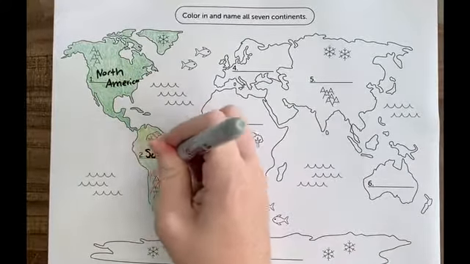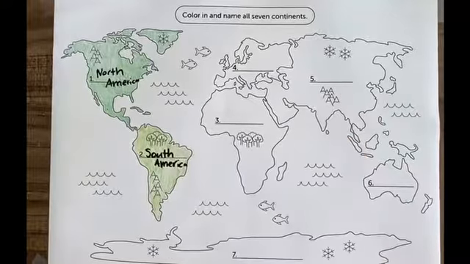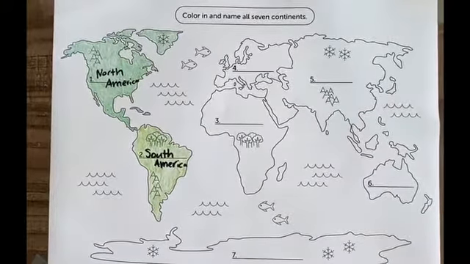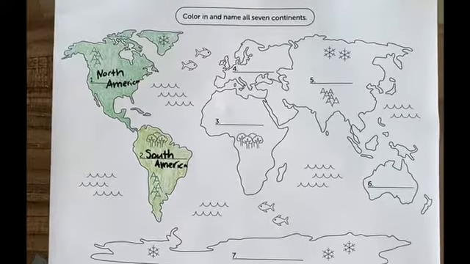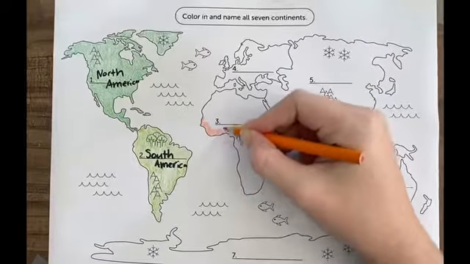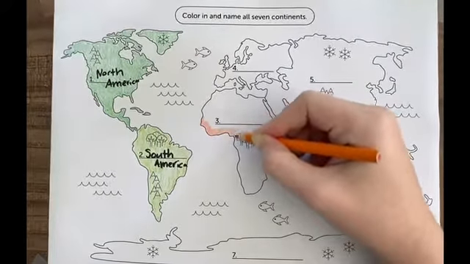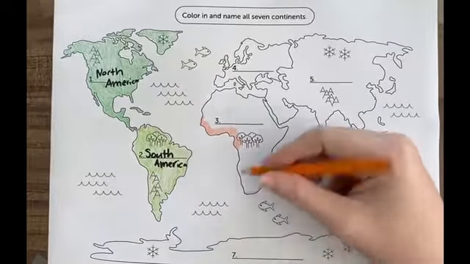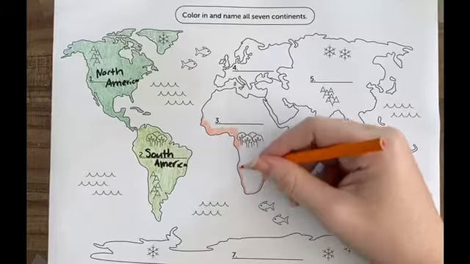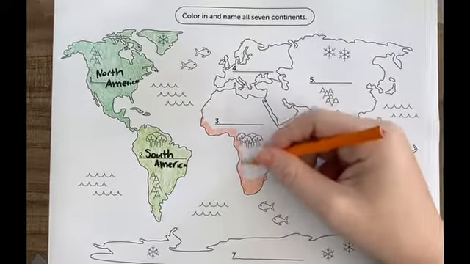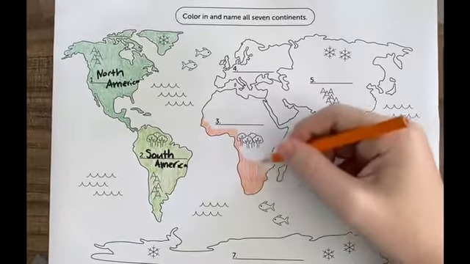So this lighter green one underneath North America is South America. This is where countries like Brazil, Peru, and Chile are located. As we get farther on in the class, we're going to talk about every single continent. We will talk about the different countries and states in each continent, and we'll look at maps of them more closely.